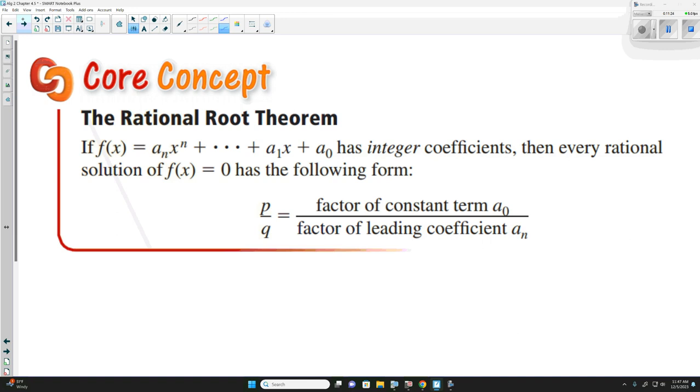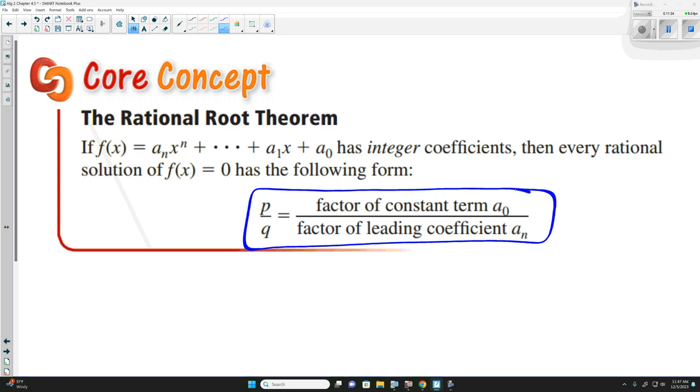Now, we do have this theorem here, and this theorem is actually quite helpful, the rational zeros theorem. And what this says, and the main part that I would especially have down is this part here, P over Q. Really will say plus or minus P over Q, where P is the factors of the constant term, the term without x, and Q is the factors of the leading coefficient, the number in front of the variable with the biggest exponent.